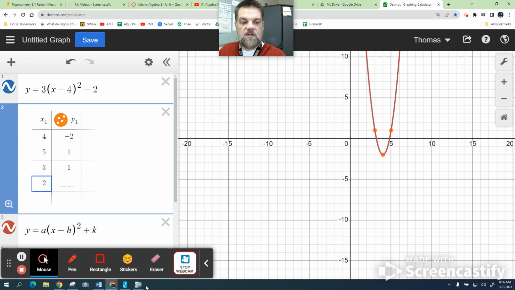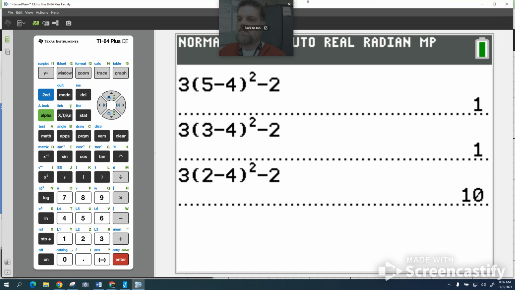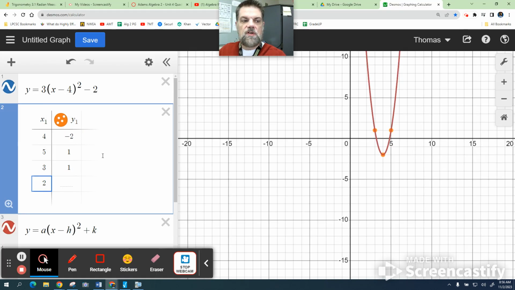Again, we plug this into our fancy calculator. We're going to say 3 times the quantity 2 minus 4 squared minus 2. Oh, it's 10. So when x equals 2, y equals 10.